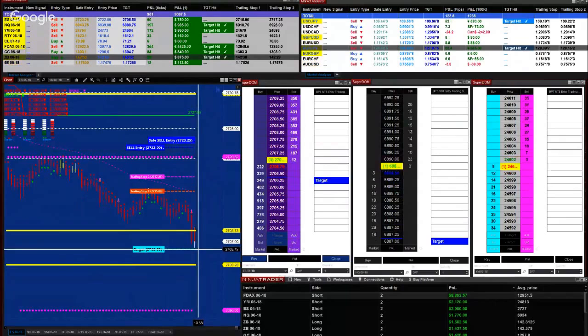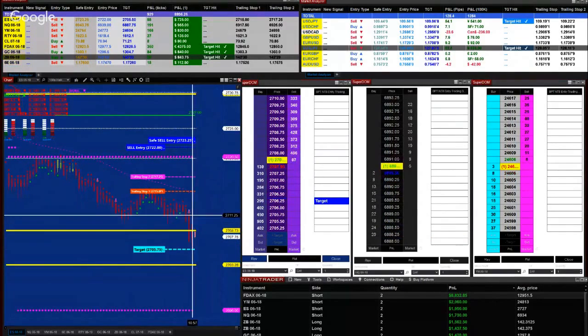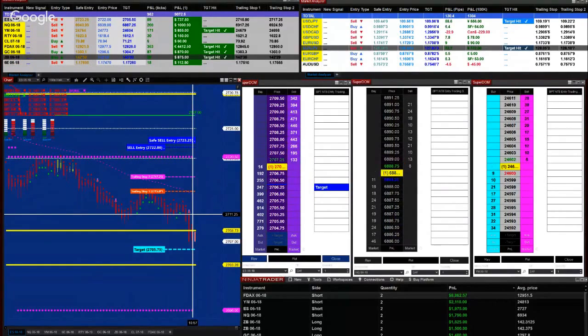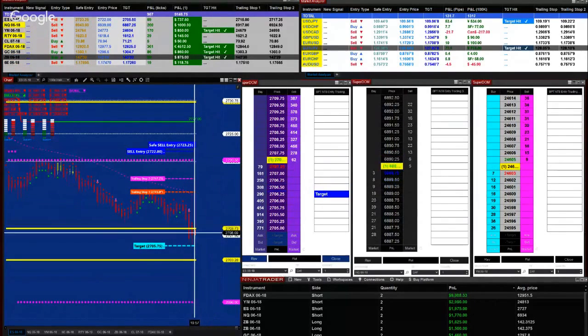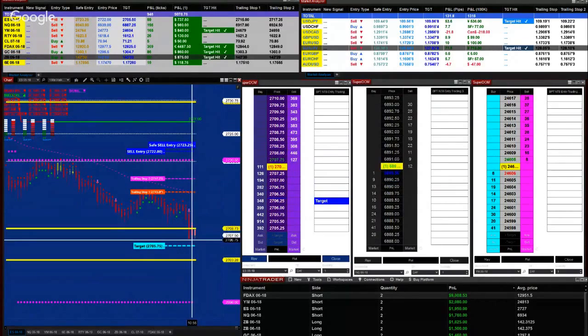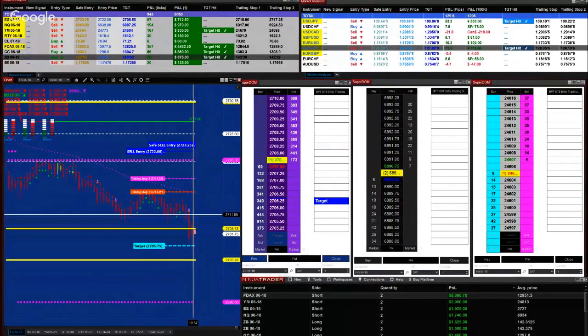Look, it came right to the target. That's very fine. Let it pull back a little bit, somewhere around 1125. Then we can hammer it to the short. I know there is a pullback when it does that. When the market drops very fast, there is a pullback. So let's wait.